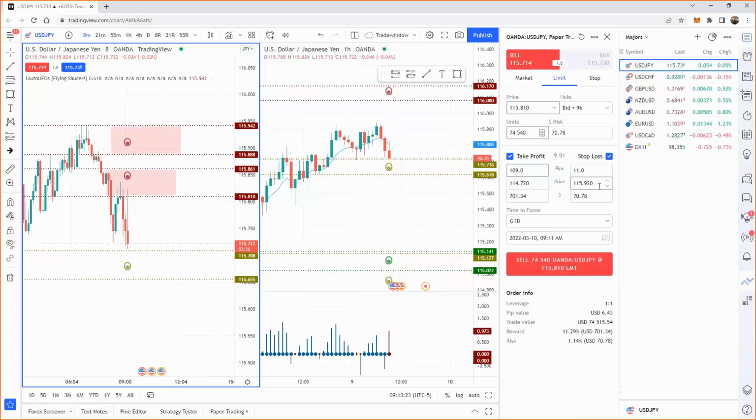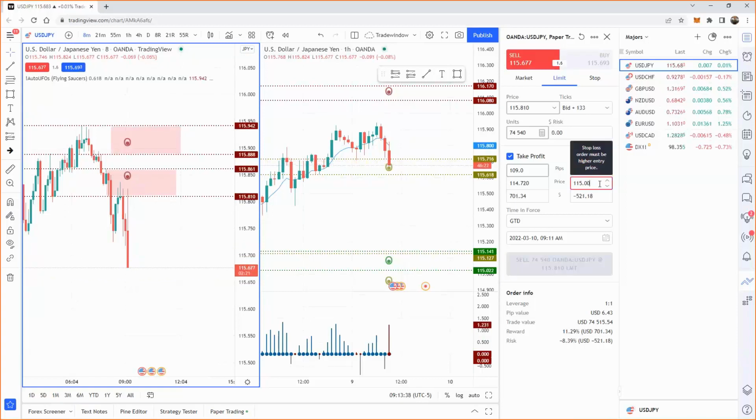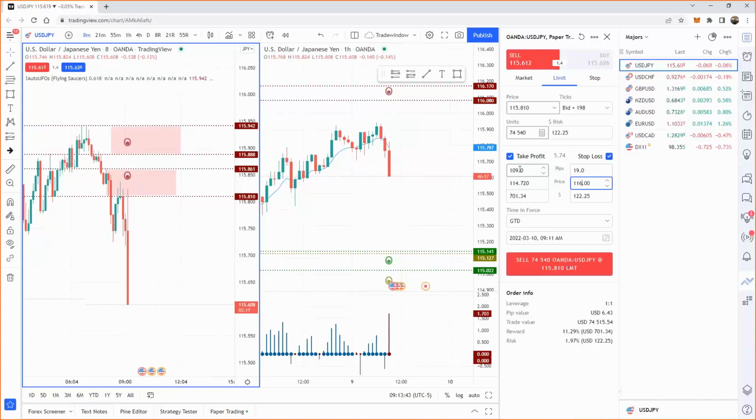However, we're going to be getting out at, we do 942, round it up to 95, add another 5 pips. So that's 92, 95, add another 5 pips, and we're looking at 0016 here. So that's a 19 pip stop.